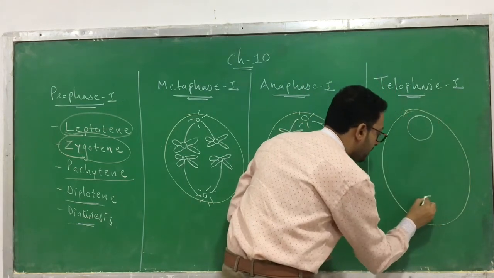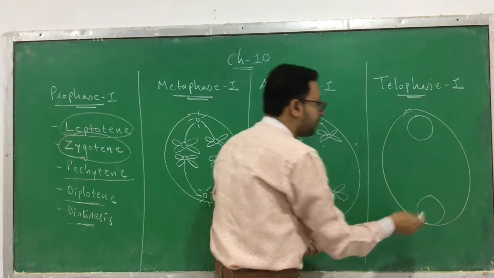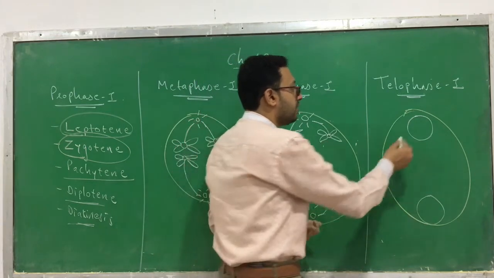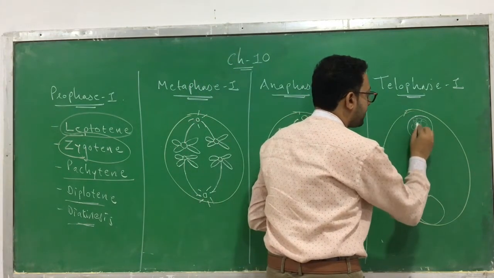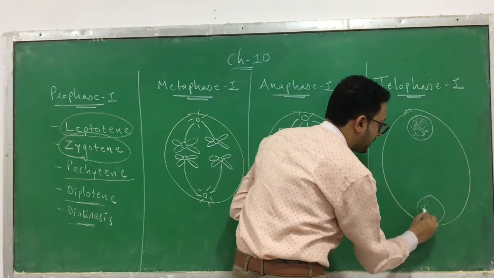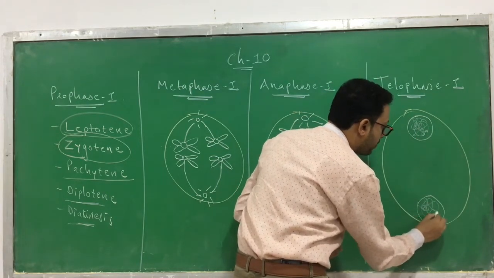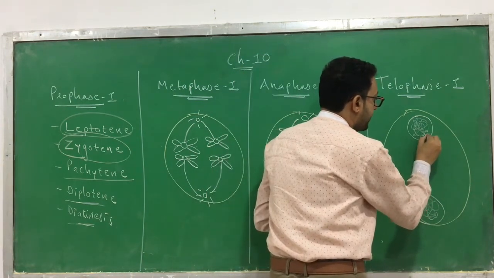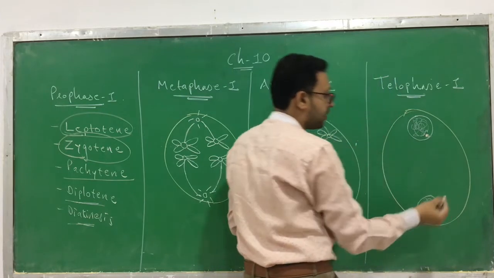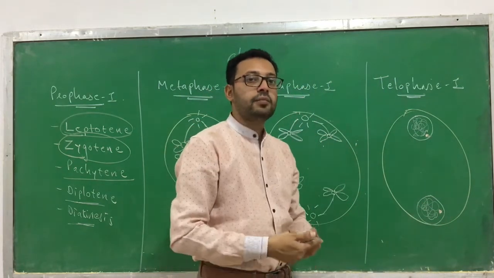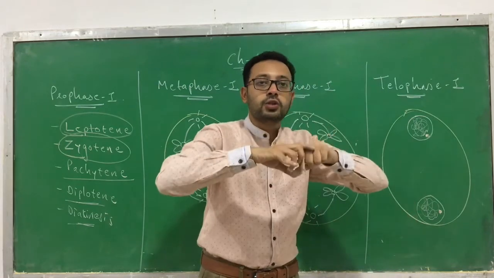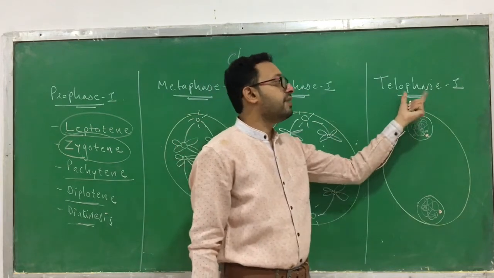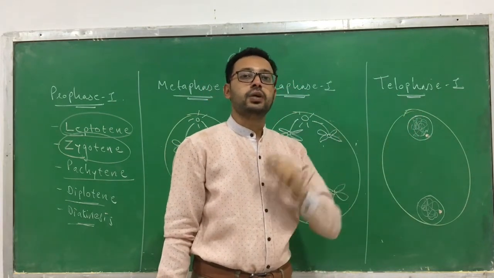The chromosomes now start to expand and convert into chromatin material. The nucleolus reappears. So the nuclear membrane forms again, the nucleolus reappears, and the chromosomes expand and convert into chromatin form. These are the events which take place in telophase 1.